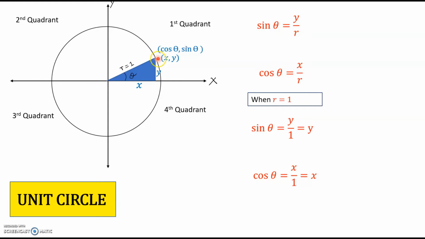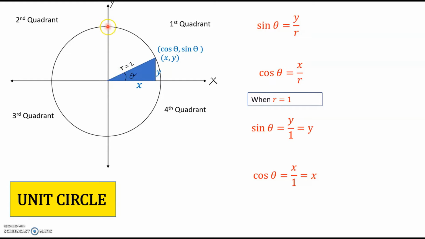Extending this concept, I can now define every point on the circle as cos theta comma sin theta. As the value of theta changes, I will keep replacing that value here and I will keep rotating. For example, if I define this point here, this angle is 90 degrees.